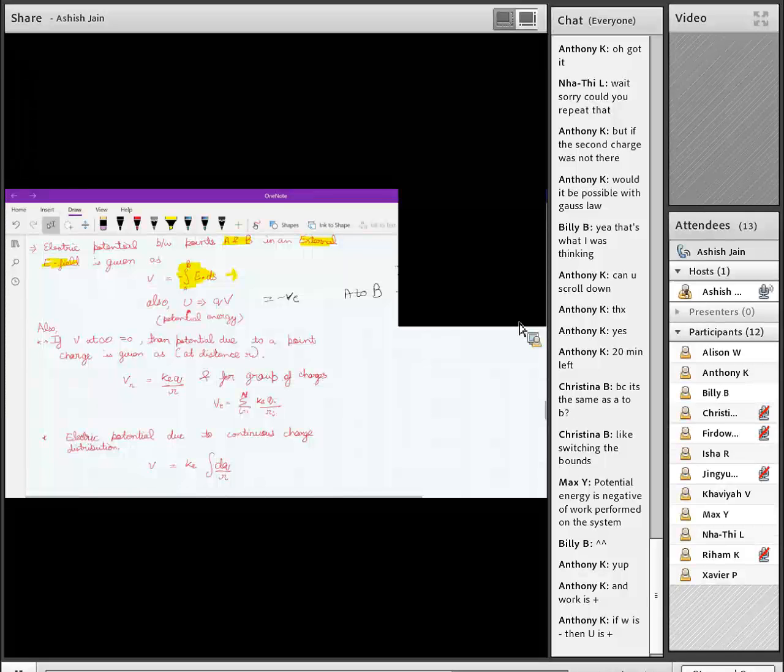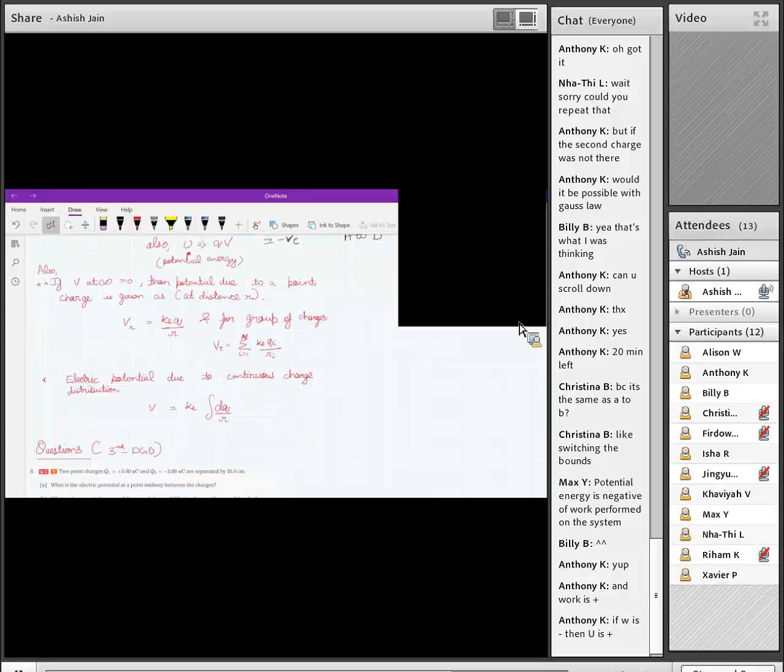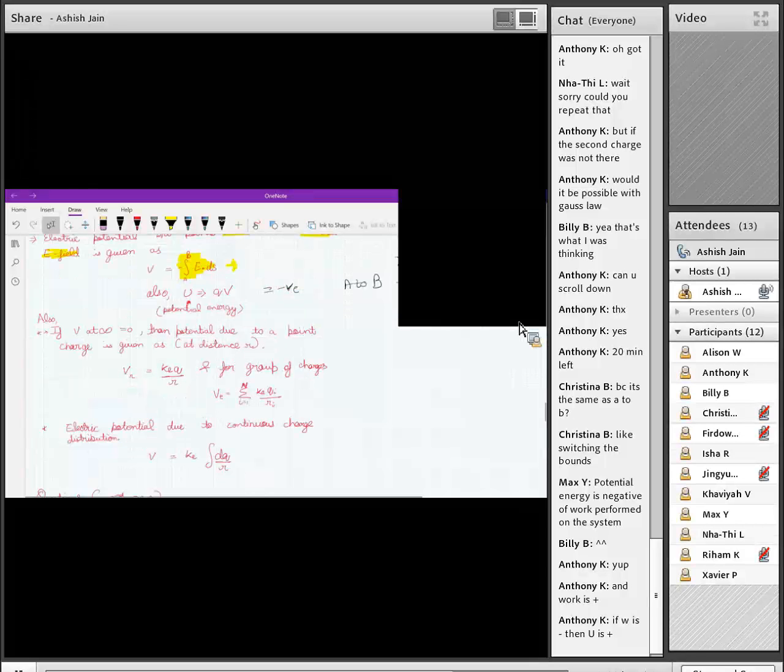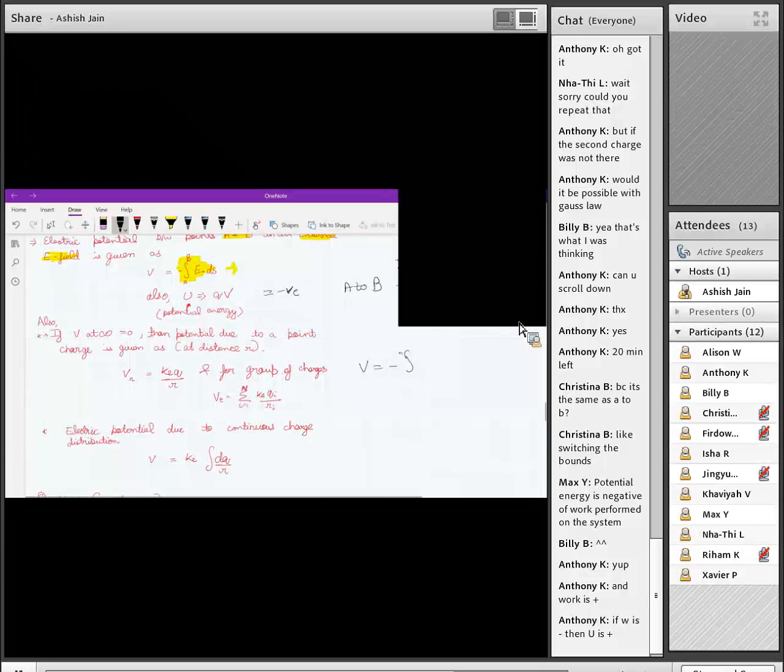Okay. Now, if your potential at infinity is 0, then the potential due to a point charge is given as kq/r. That means, you remember this integral. If you say it's from infinity to point A, kq/r square. No, sorry.